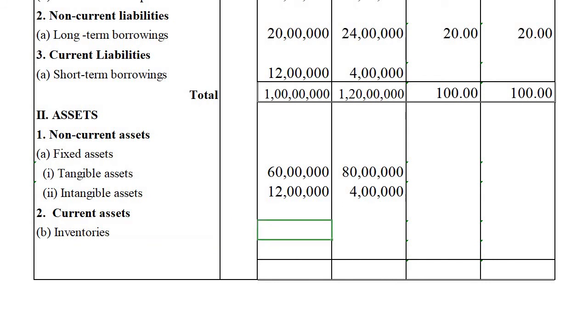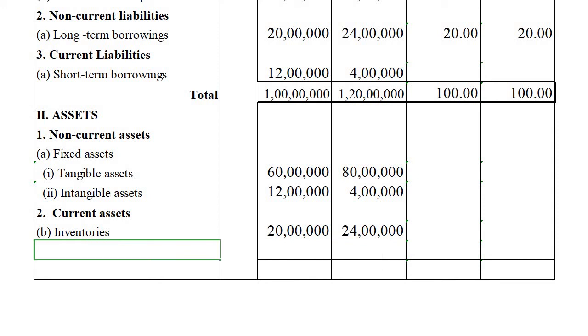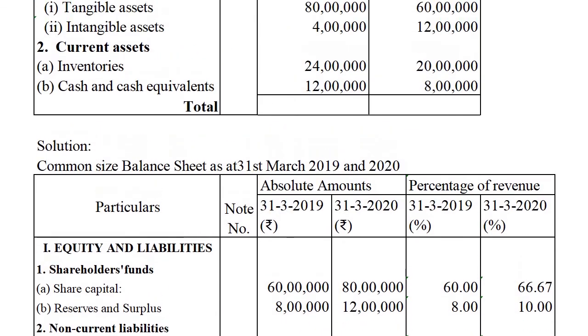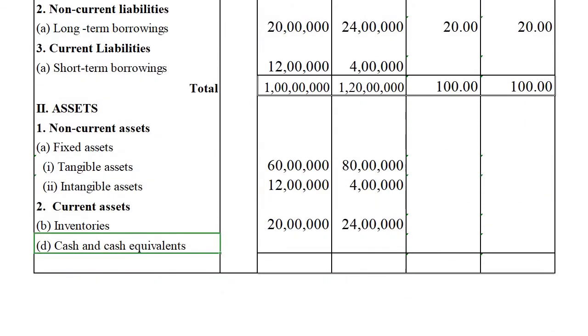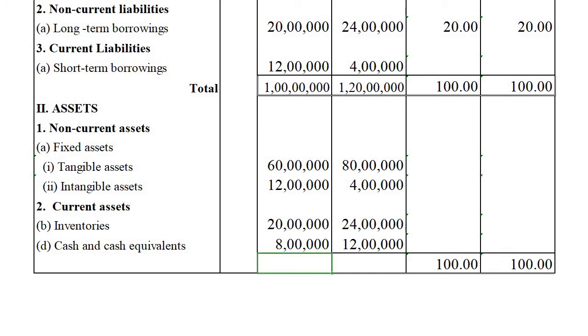Then comes cash and cash equivalent: 8 lakh for the previous year and 12 lakh for the current year. Here also we know that the absolute change will be 100 for the total, and the total will be the same, 1 crore and 1 crore 20 lakh.